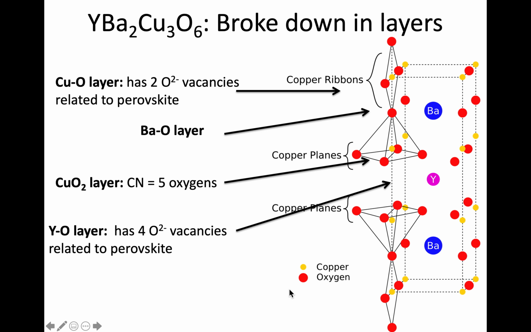I'm not going to go into the detail here, but you can see the different coordinations of copper and oxygen that you have in this structure. Those act in such a way that gives it the properties that result in conductivity, so the structure is related to that in these cases. The main difference is that the central cation, either barium or yttrium, is alternating in the other parts of the structure.